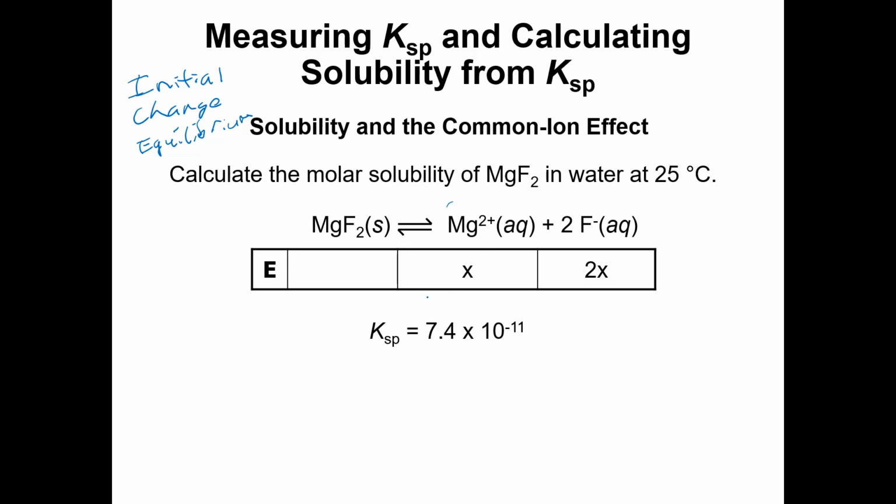So at equilibrium, our concentration of magnesium is going to be X, and our concentration of fluoride is going to be 2X. And we're given KSP here. So if we write our KSP expression, KSP is equal to the concentration of the magnesium ion times the concentration of the fluoride ion squared.